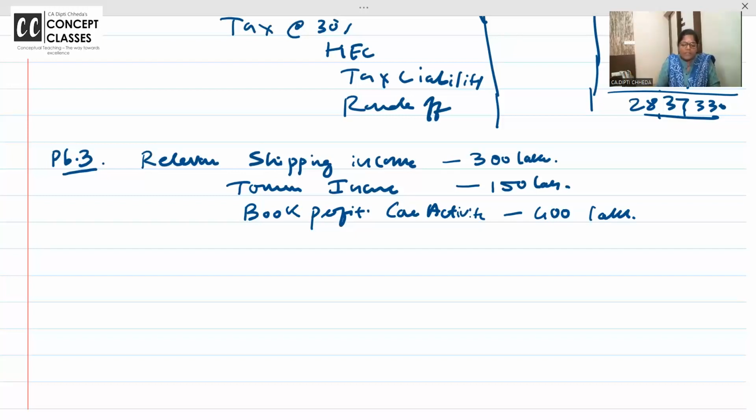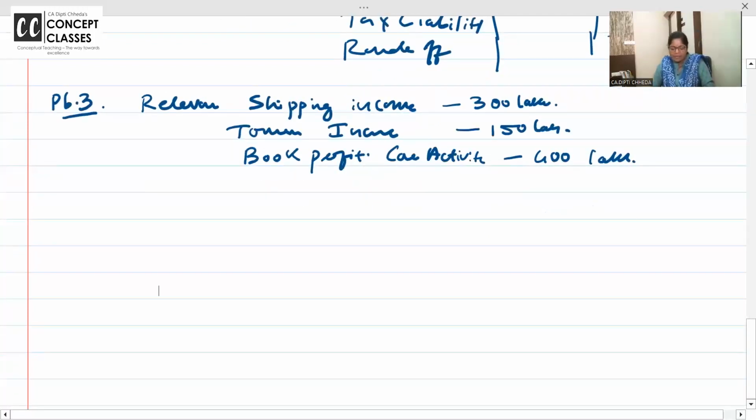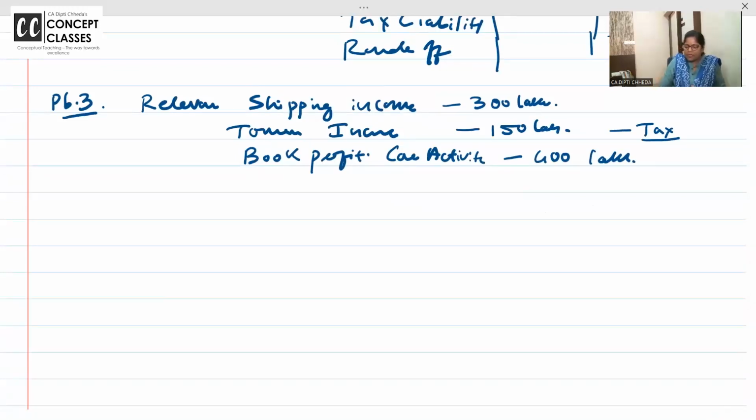Now, what is the minimum requirement? This is the data. Question समझ में आया? Relevant shipping income 300 है. Tonnage income पे you will have to calculate the tax. और आपका जो book profit है from the core activities, that is 400 lakhs.